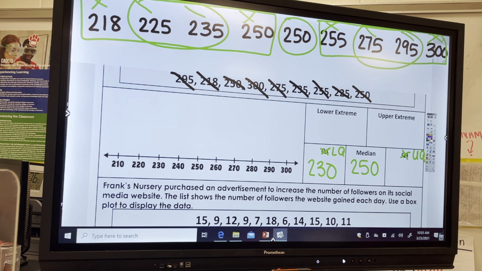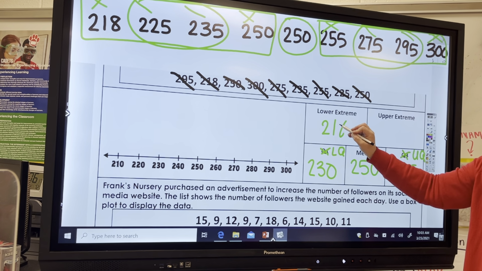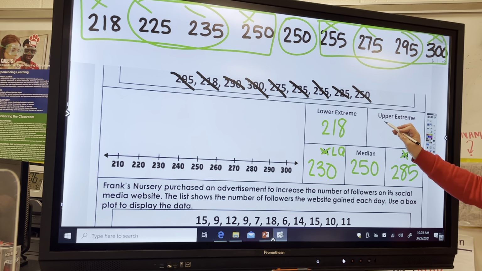Can we do that one in our head? 285. Good job, Chase. What's our lowest number? 218. And what's our highest number? 300. I want you to create your box plot.